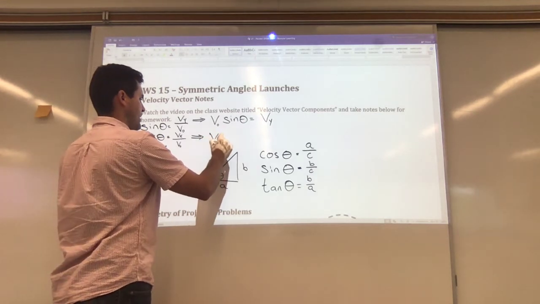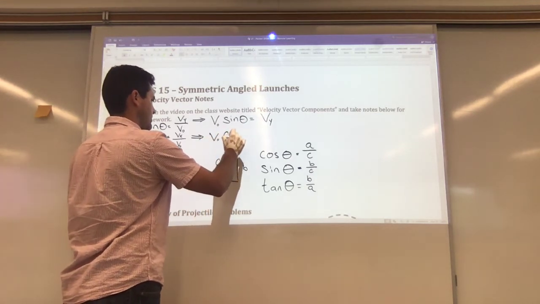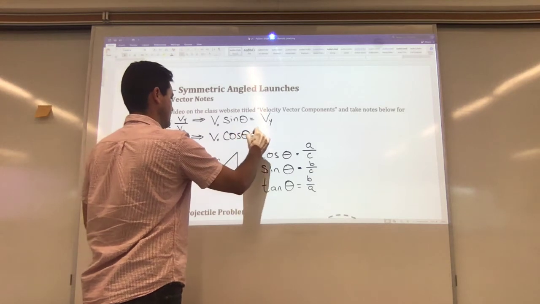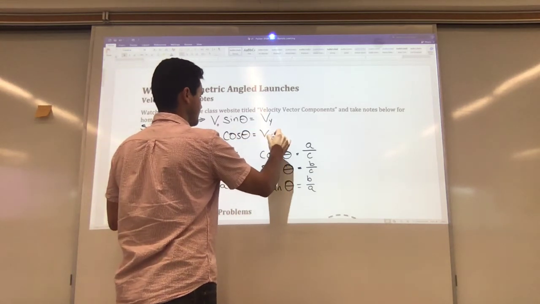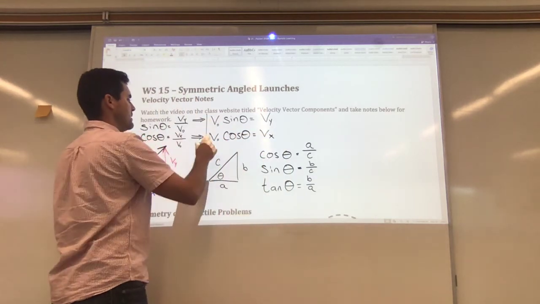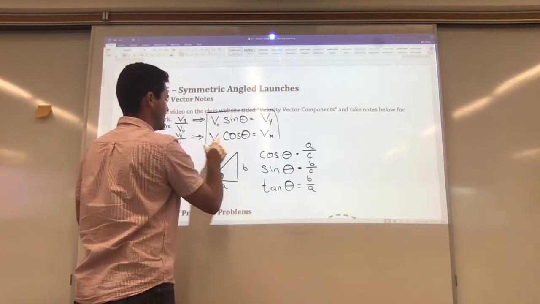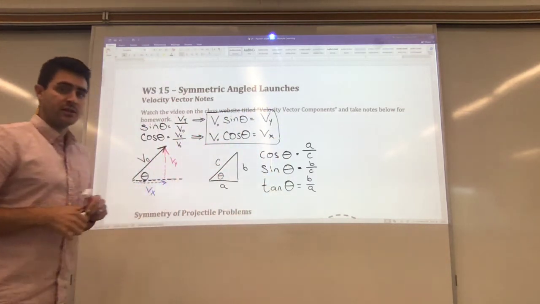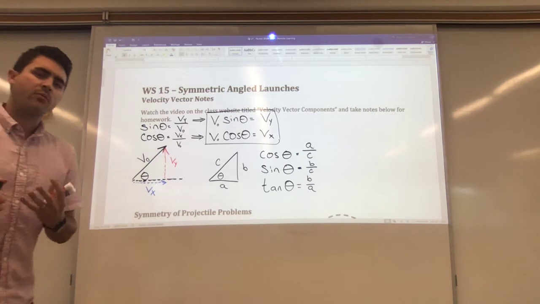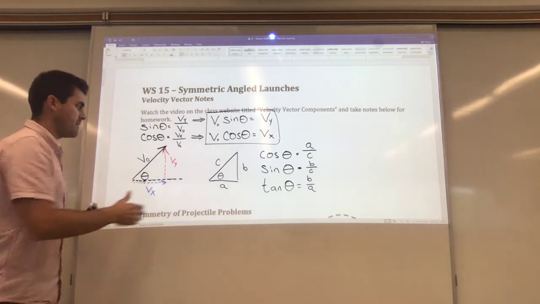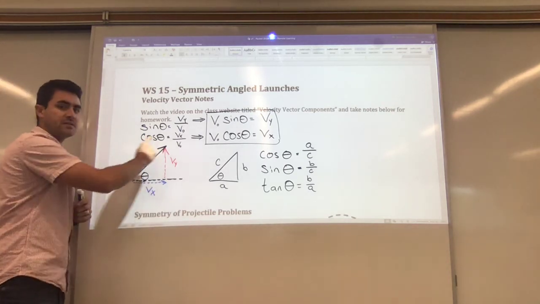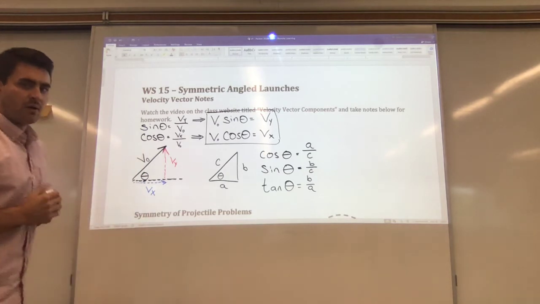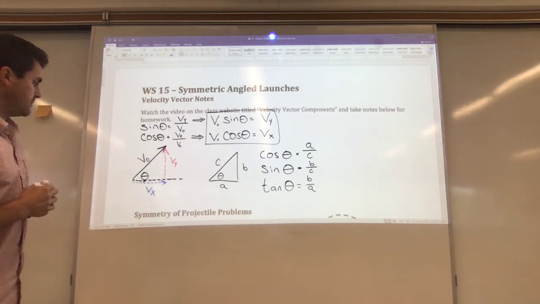For the horizontal direction, V initial times cosine theta equals Vx. Now, these two equations are not equations that you will find on your equation sheet, but they are important relationships to have that come from our understanding of separating vectors from our vector triangle.